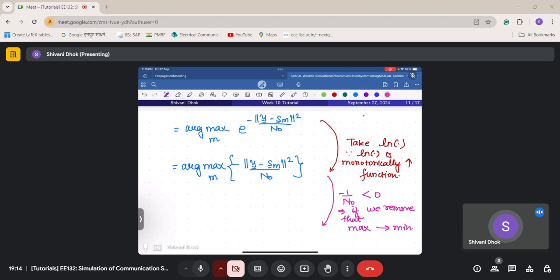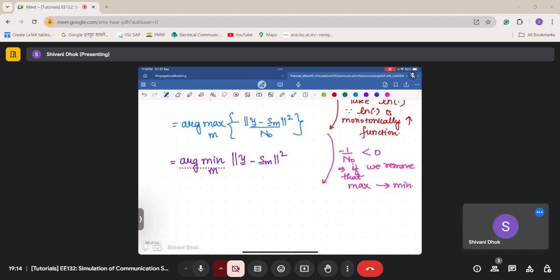If I have a function and I want to find the max of this value, and if I multiply it by a minus sign, it becomes like this. So now the maxima becomes the minimum. So therefore, if I remove this negative quantity, or in short, if I multiply by a minus sign, what I get is argmin over M of norm of (y minus Sm) square.